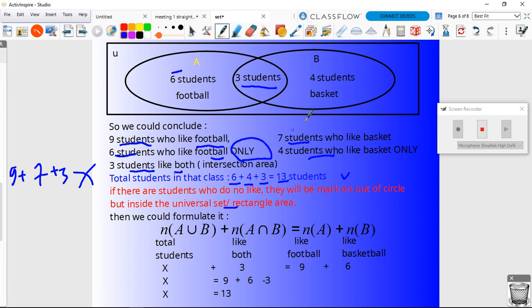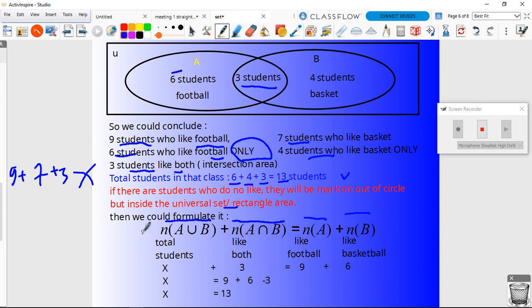And then from this count of students, we can formulate it like this. The quantity of A union B, which is the total students, plus the intersection of A and B, the students who like both, equals the total of A, which is football, plus B, which is basketball.